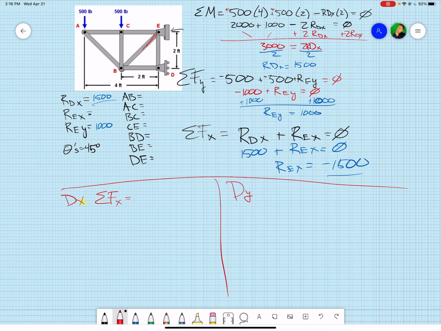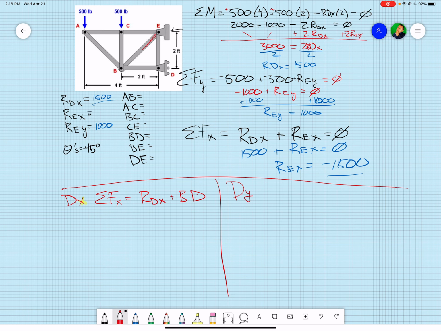We have RDX, we already figured that out, plus BD. Those are the only two things I see going on in the X direction, not BC, but BD.